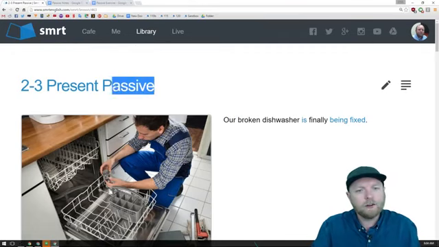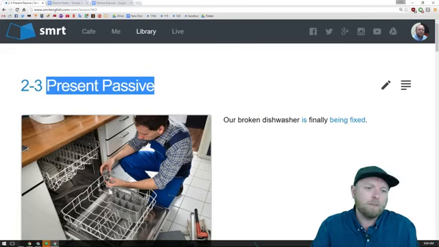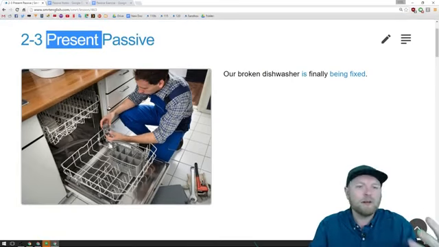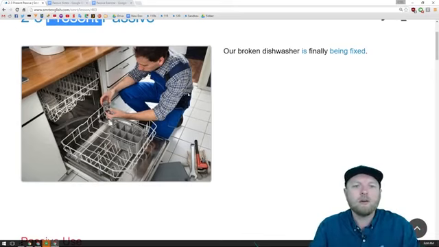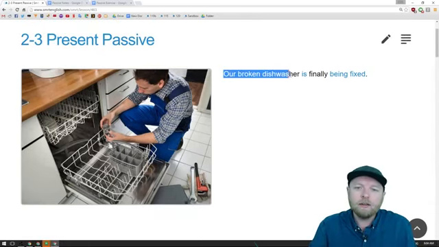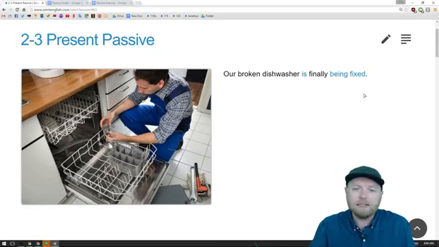We're going to talk first a little bit about the present passive, but don't worry about the time. We're going to focus first on: what is the passive? Here is an example sentence in the passive. You can see this guy here. What is he doing?